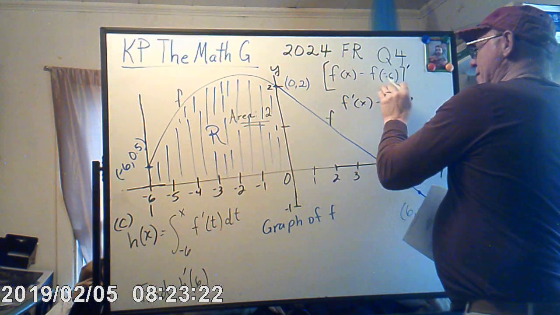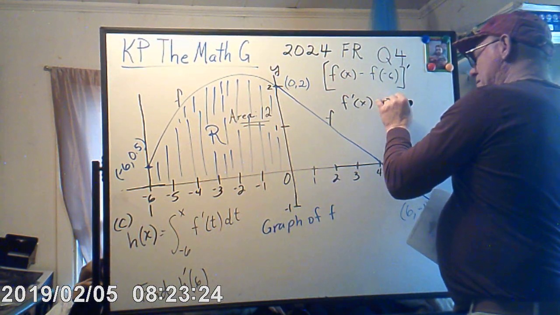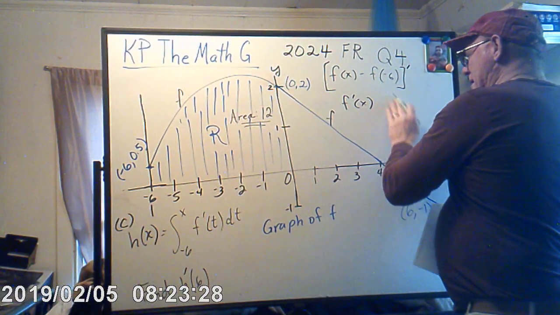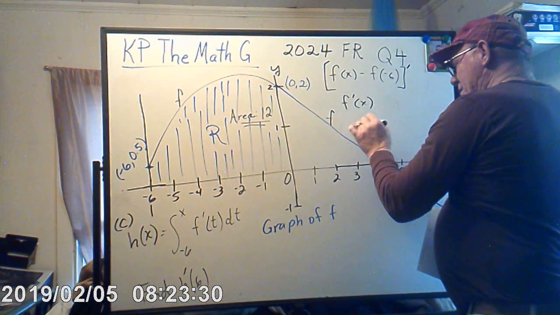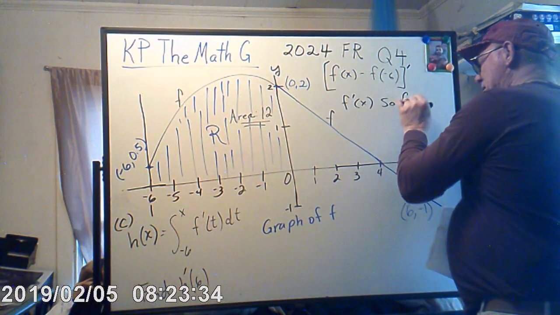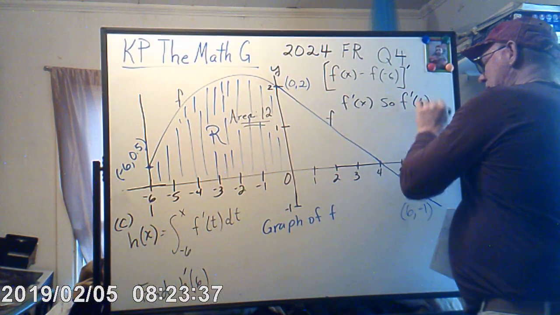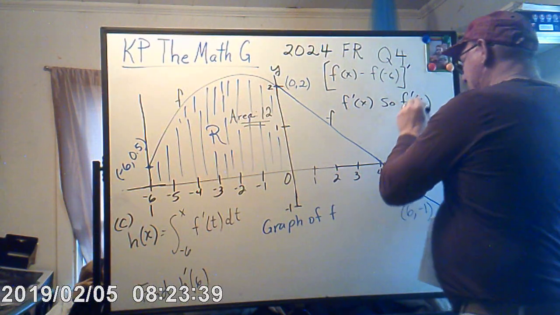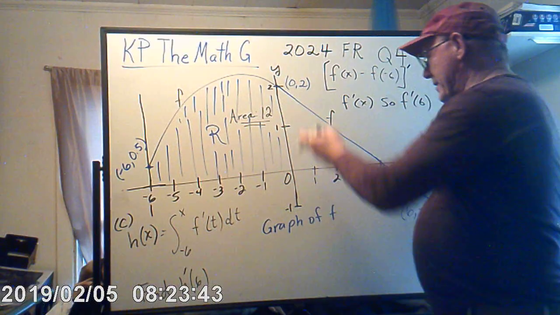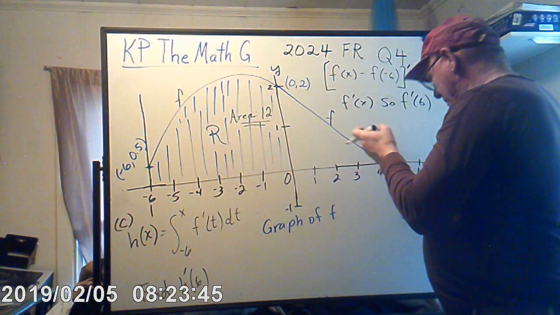Now remember, this is a number, so the derivative of a constant is 0, so that's just really f prime at x. So we're looking at f prime at 6. What does the prime mean? In this particular case, we're looking at a linear equation, so we're just looking at the slope.